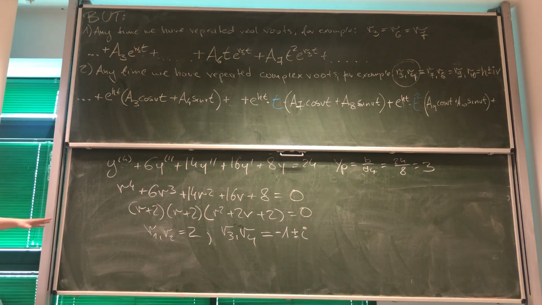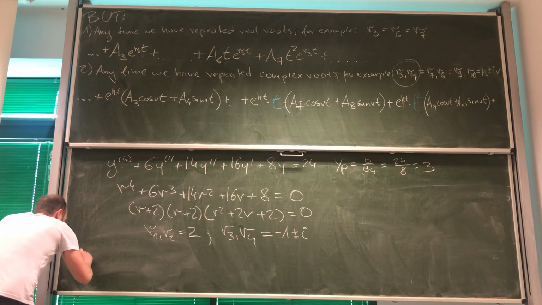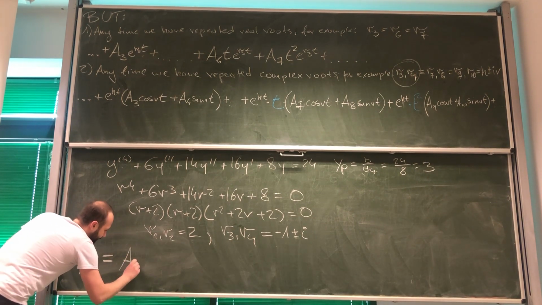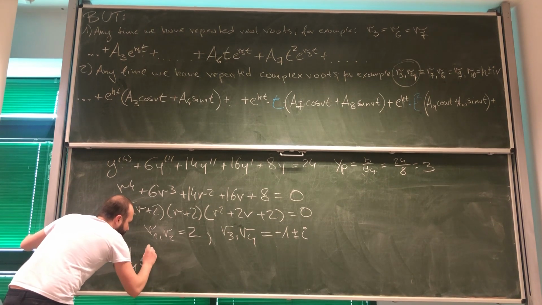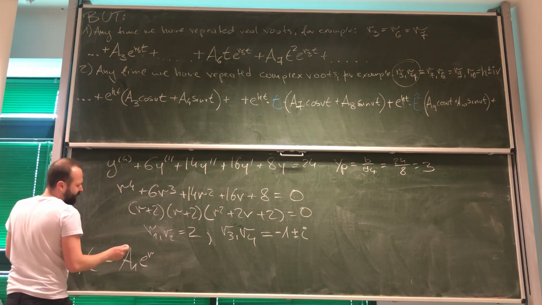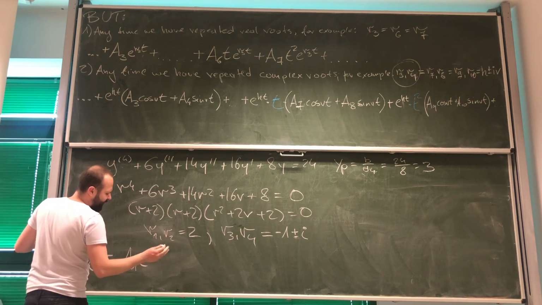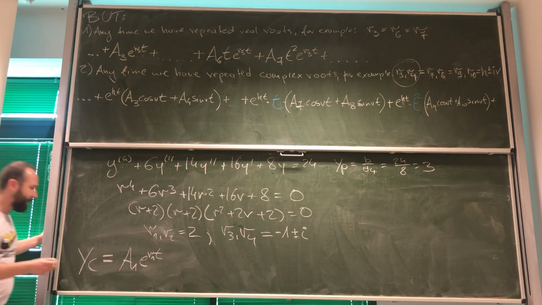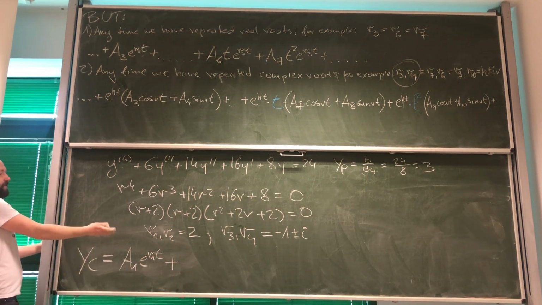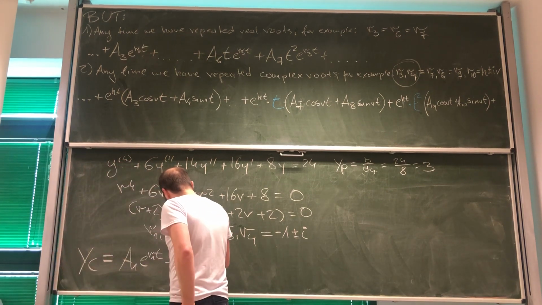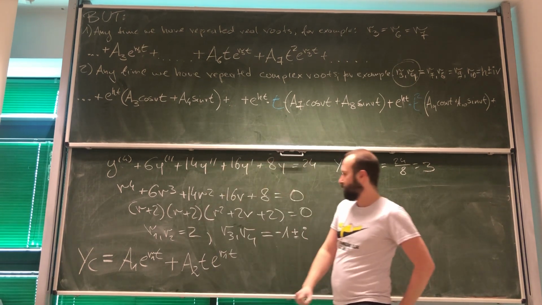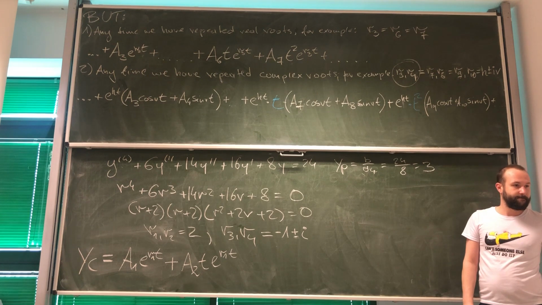Okay, now we need to build the complementary function. First we need to deal with repeated real roots. So we will have a1 e to the power of r1 t, plus, since we have the same root, we need to add t, so a2 t e to the power r1 t.